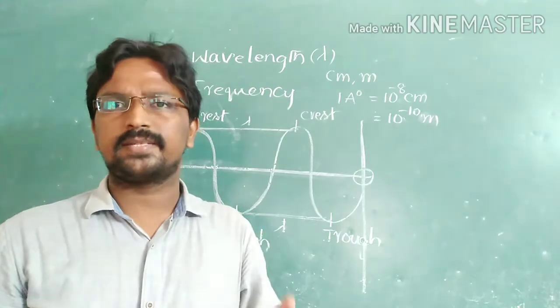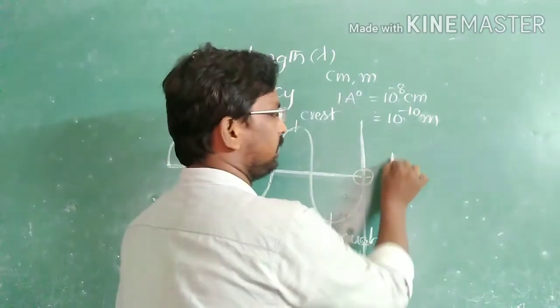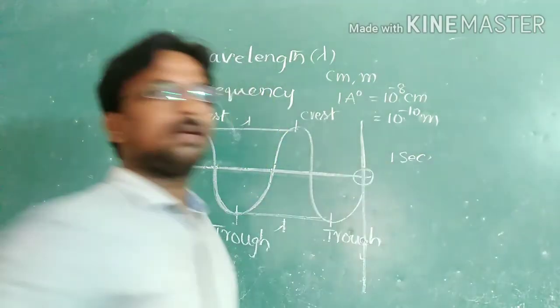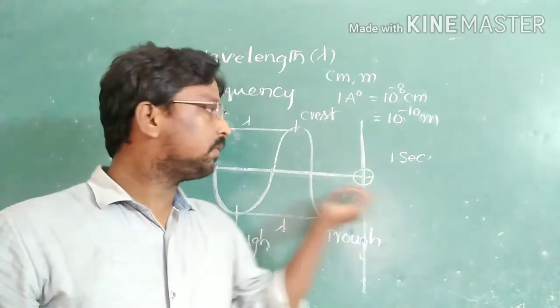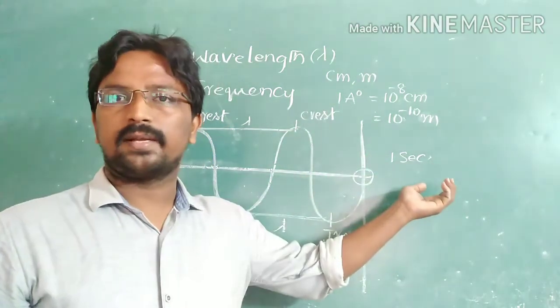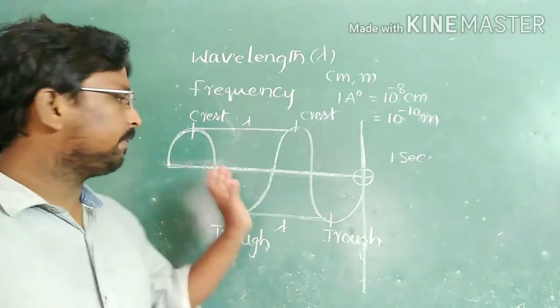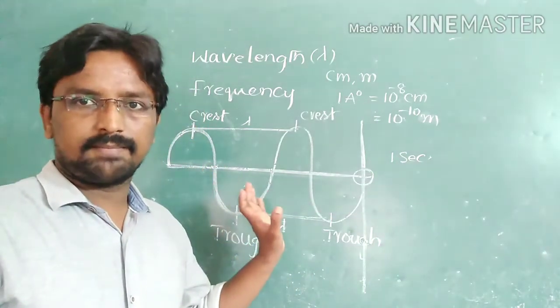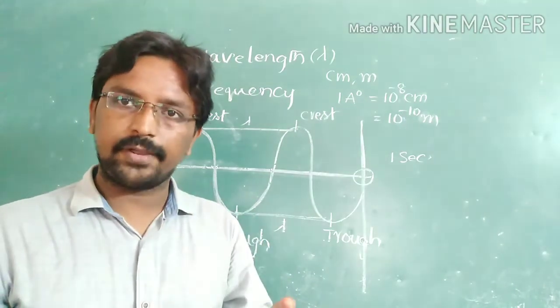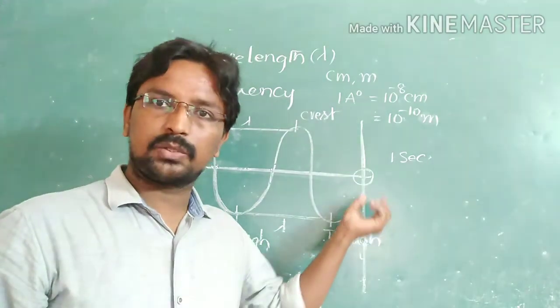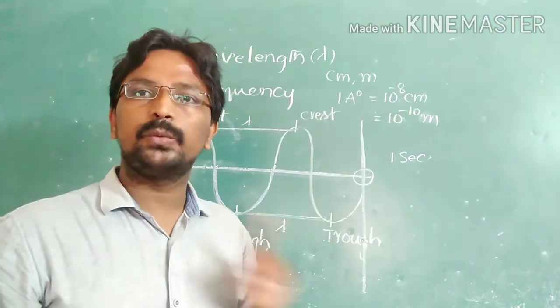The unit time we can generally take as 1 second, or 1 minute also, right? So frequency is the number of waves passing through a given point per unit time.